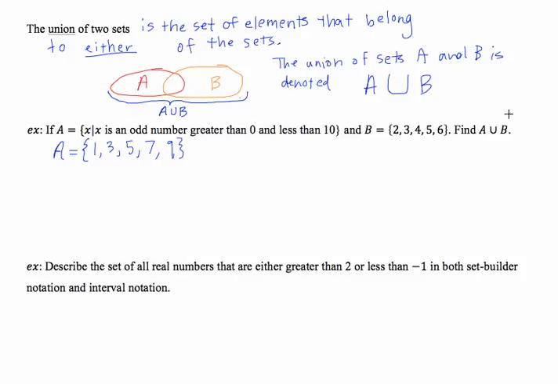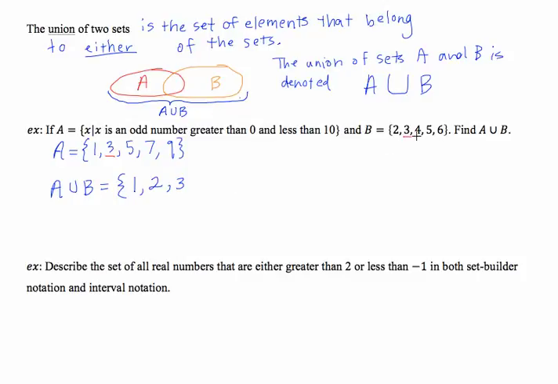Okay, so then A union B, that's the set of elements that's in either of the two. And let's see, I'm just going to put them in order. The lowest number I see here between A and B is 1. The next number I see is 2. 2 is in set B. Next I see 3. Now 3 is actually in both sets, but you only list it once because it is in the union only once.